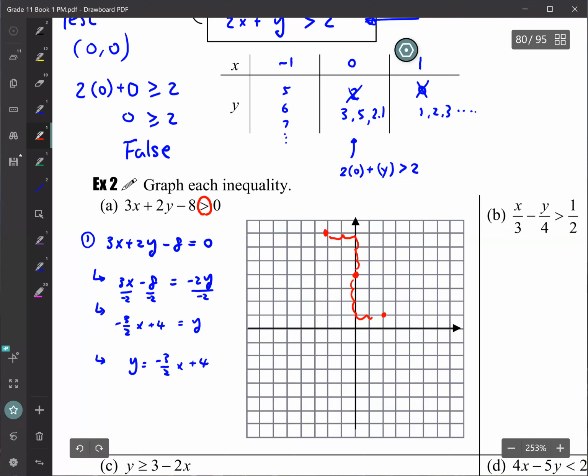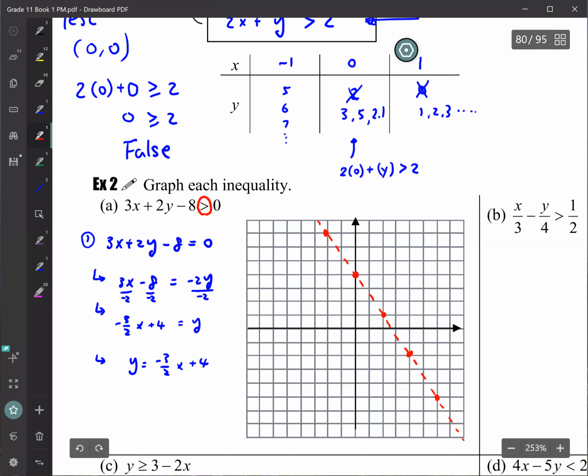Because this time we don't have an equal sign, we need to show it as an invisible line. Show a dashed line. So pay attention to this, very important.